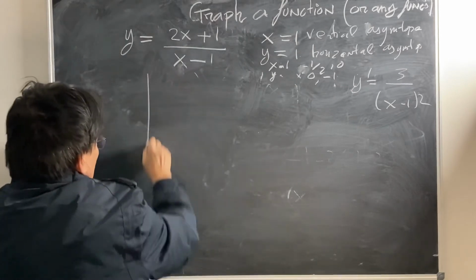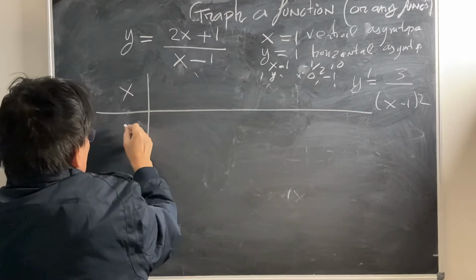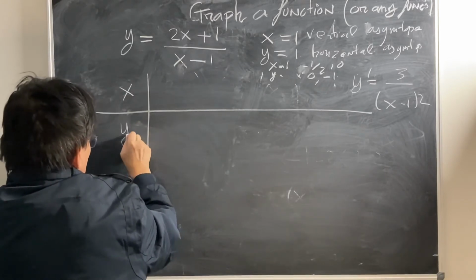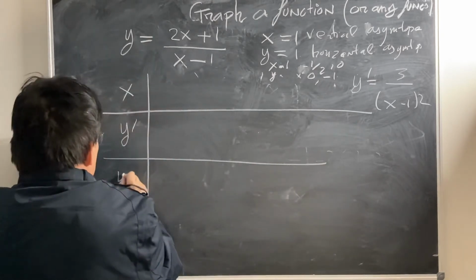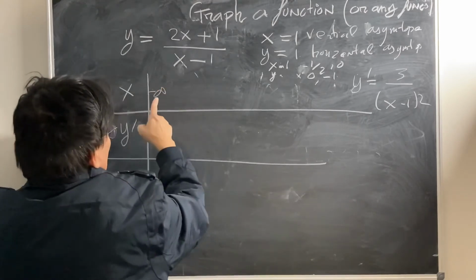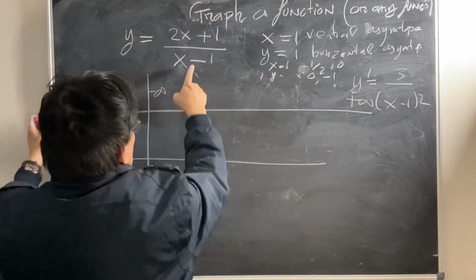You have x here, y prime here, and y here. The domain is from negative infinity to positive infinity, and x cannot equal 1.